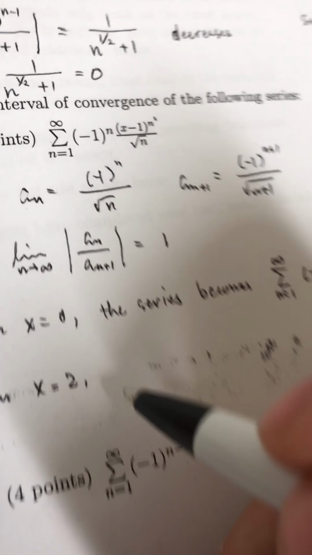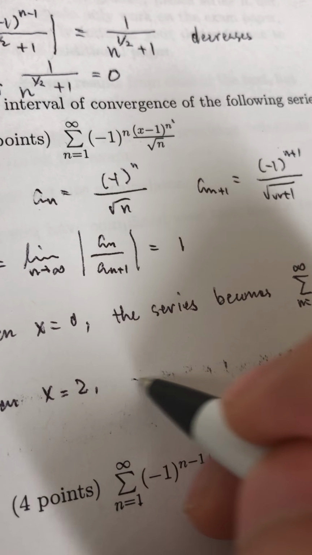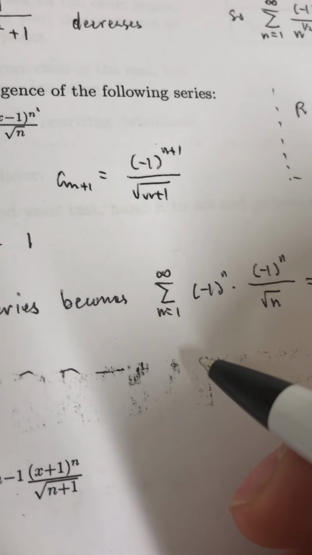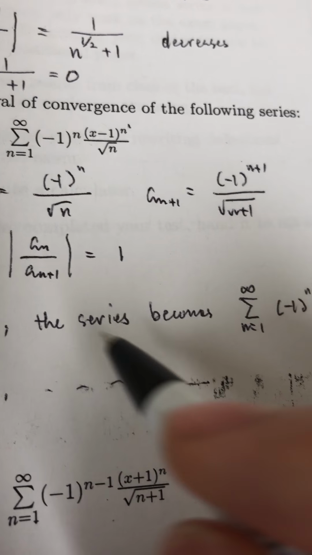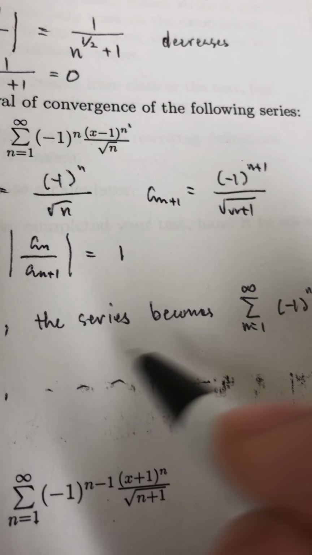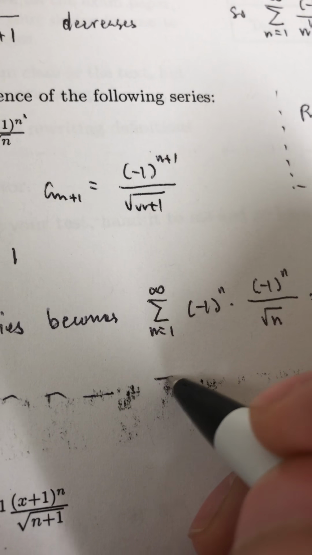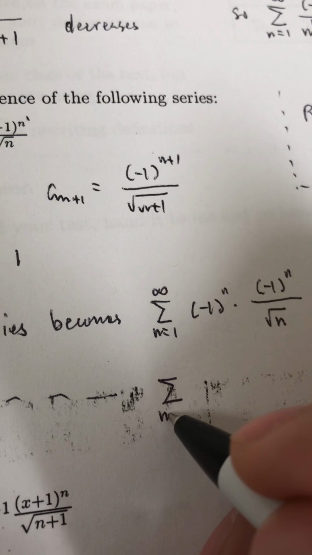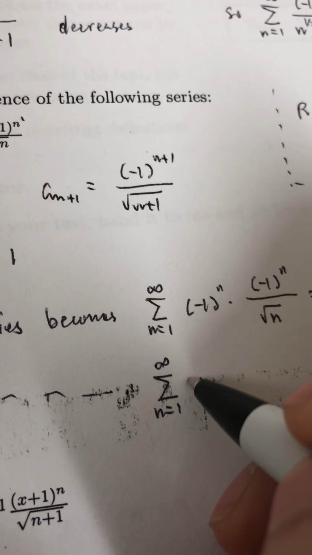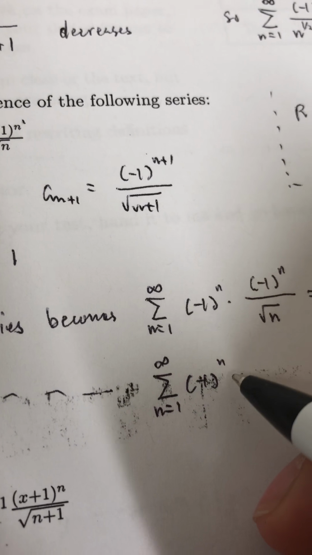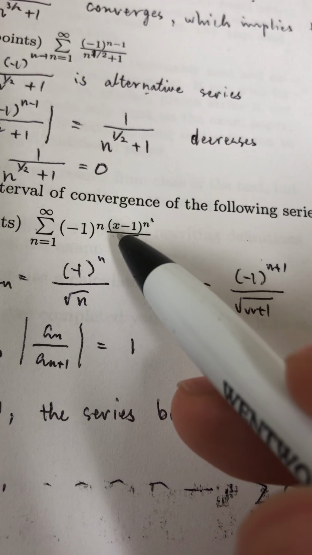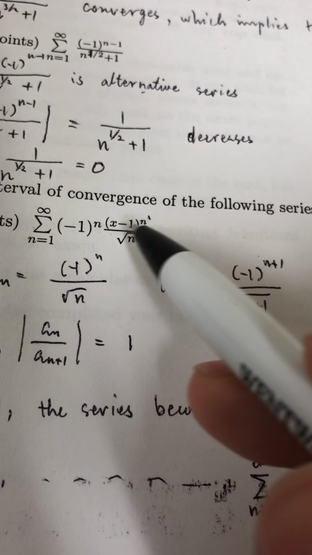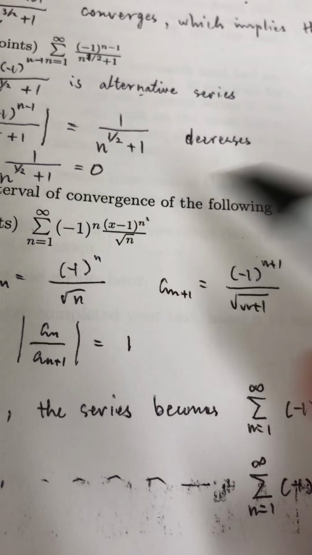When x is equal to 2, the series becomes, please don't put dots when you are writing your answer, the sum of negative 1 to n times, alright, check this. x is 2, 2 minus 1 is 1. So it's 1 to the power of n. It's again 1.